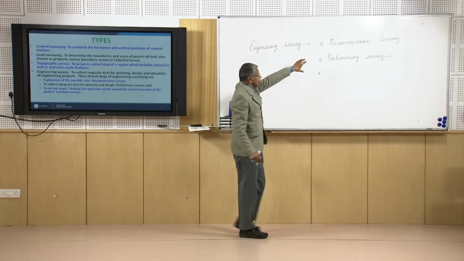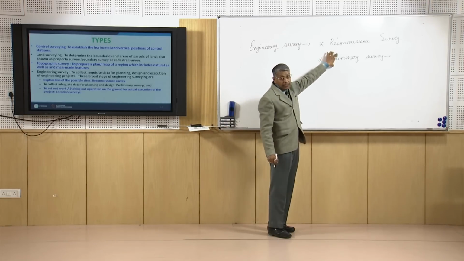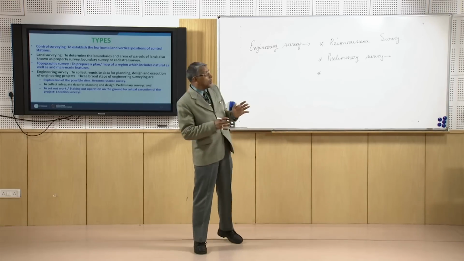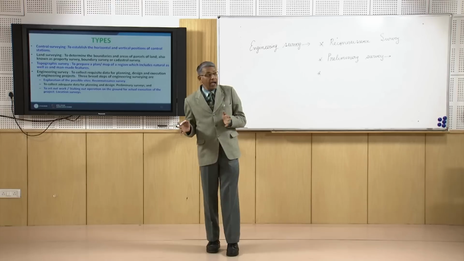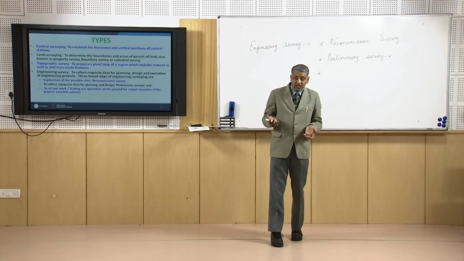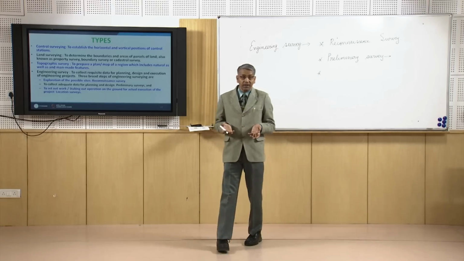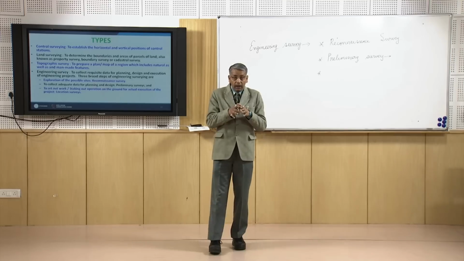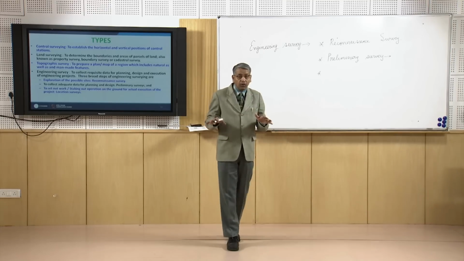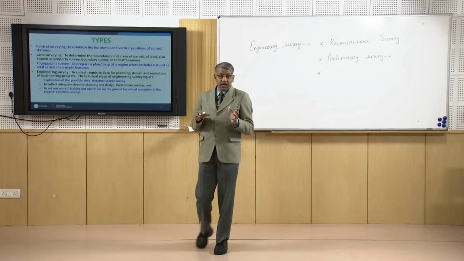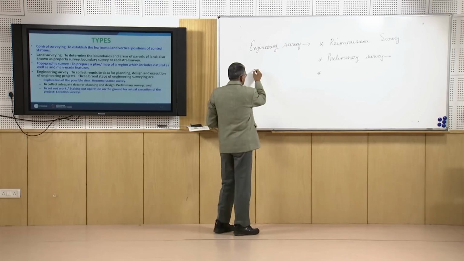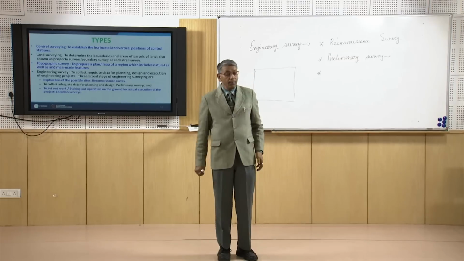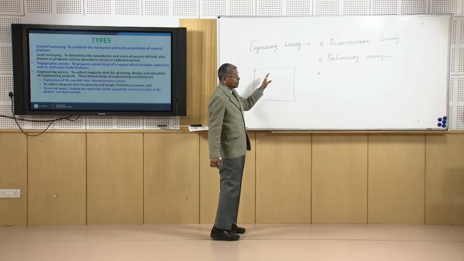So, actual field surveying work is done during preliminary survey, and once the data has been collected we come back to the office and process the data, find out the different parameters, and prepare the map. On that map we lay out the engineering project, then we plan and design, and once this has been designed properly, again on that map we set our project and find out the salient points.